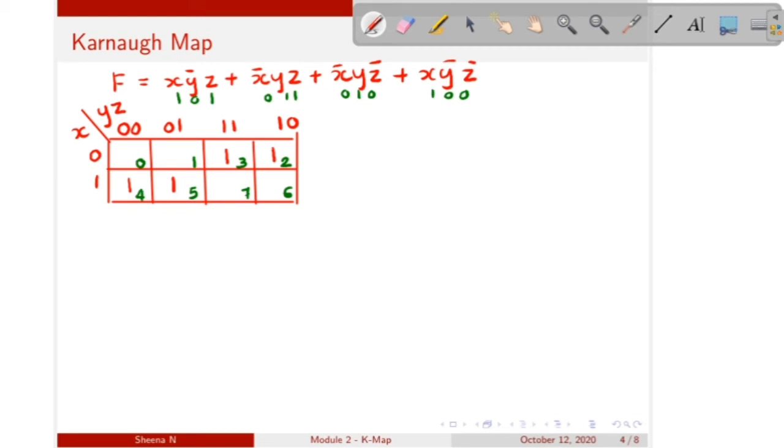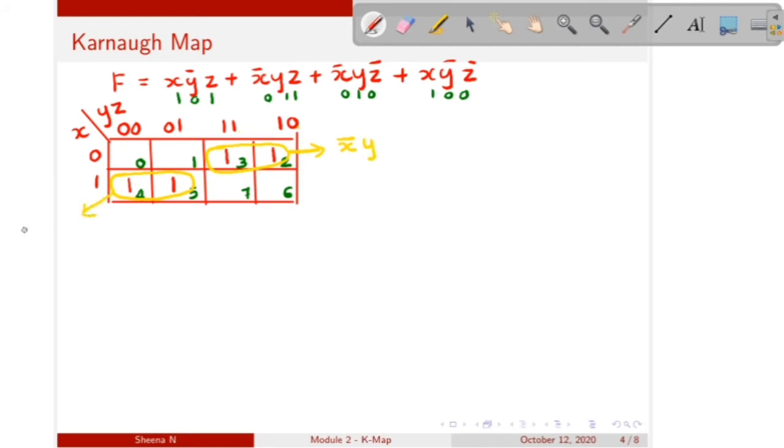Next we can pair them. These two are adjacent, so we can pair these two. Here also this one is adjacent, so we can pair. Okay, when you pair these two ones, x is as such x bar, but here yz, here it is yz and here it is yz bar, 1 1 and 0, that means z is cancelled, then we get y.